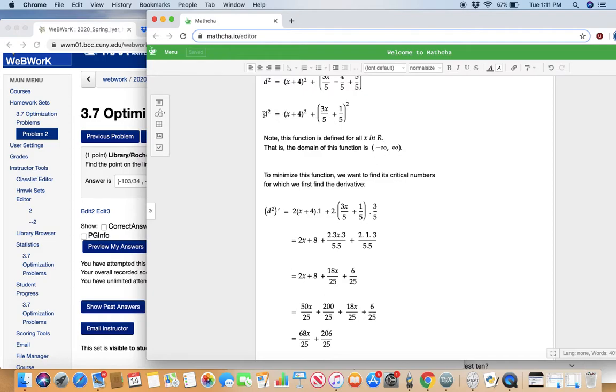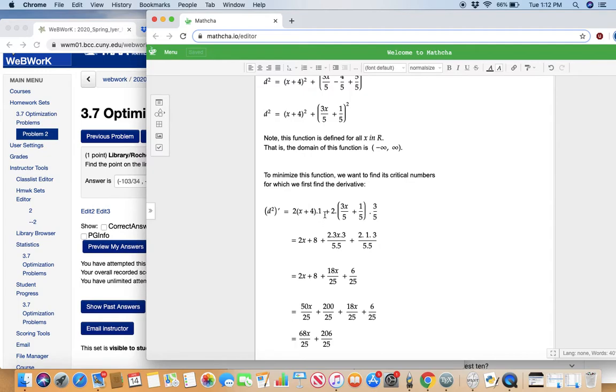Okay. Now to minimize this function, you have to find its critical numbers. So in which case you need to find its derivative. So we have to use the chain rule. So this 2 comes down, x plus 4 power 1, and then go inside, take its derivative. Derivative of x is 1.